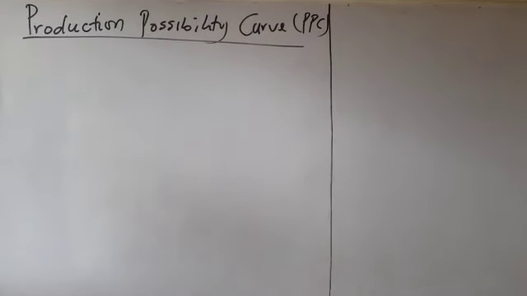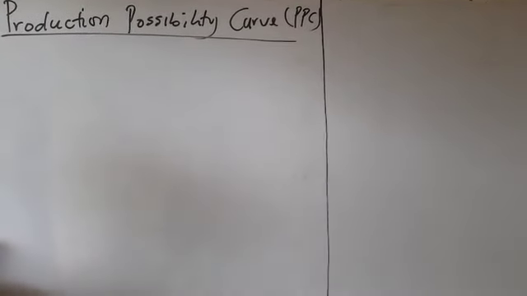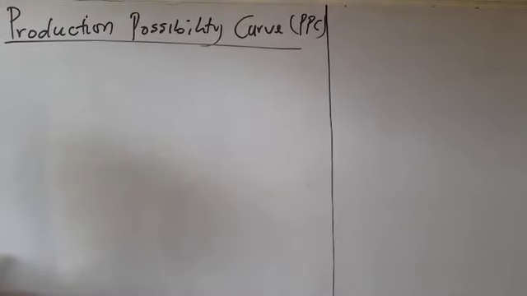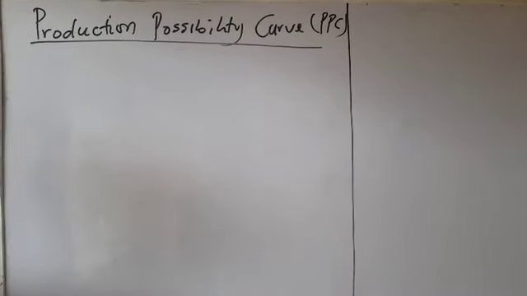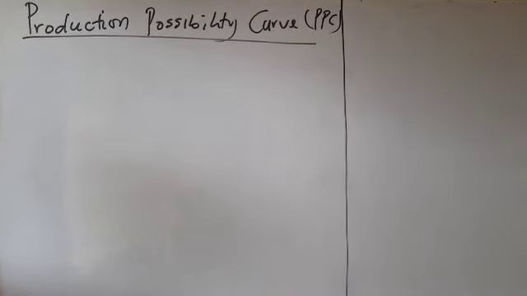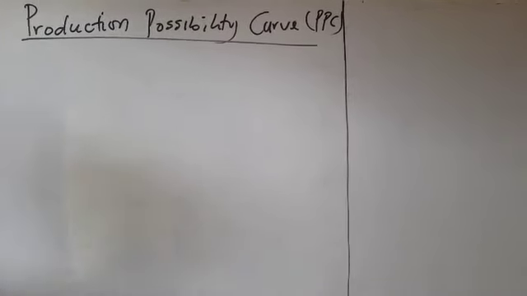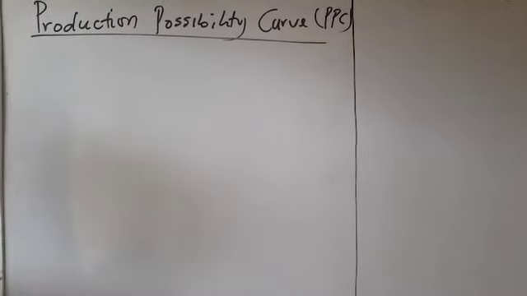Having looked at the basic concepts of opportunity cost and of economics, we've actually seen how these concepts are related. Also, we've learned how we use the scale of preference to make a rational choice.